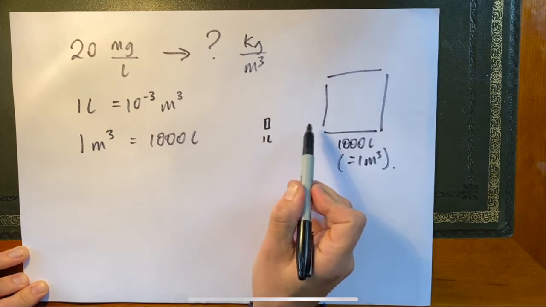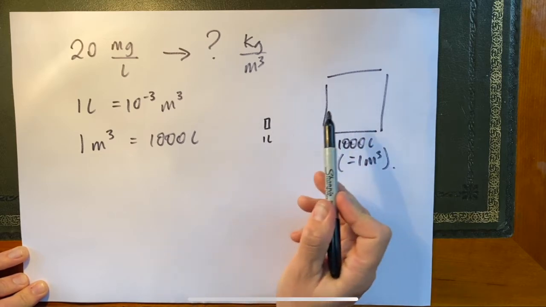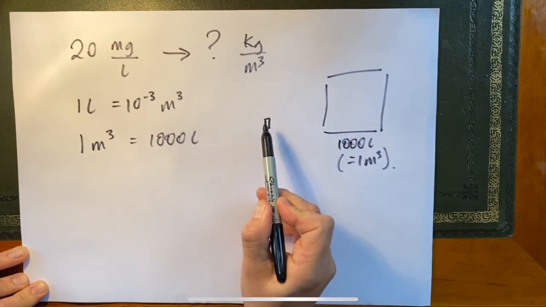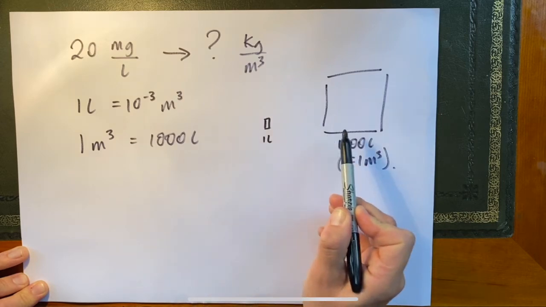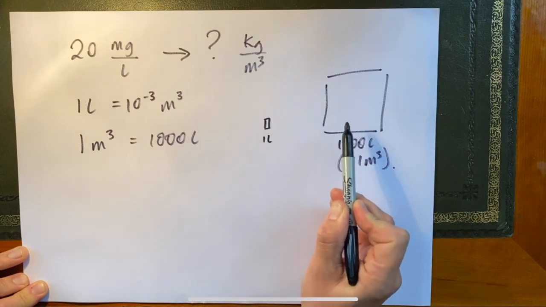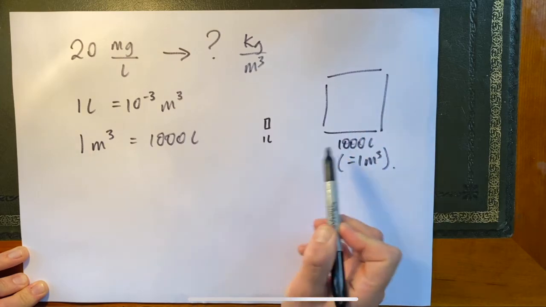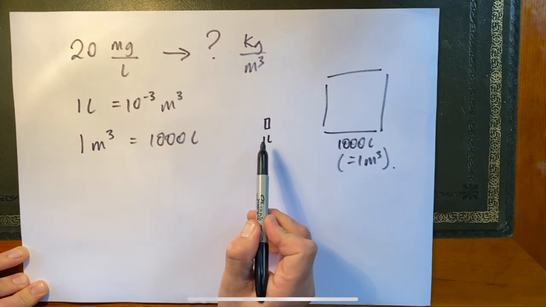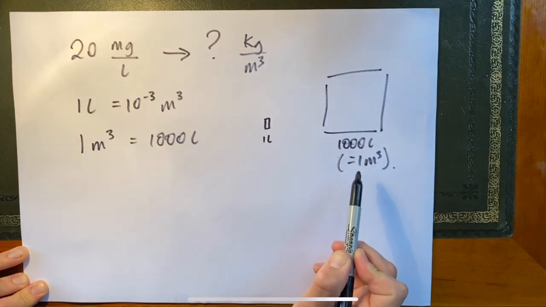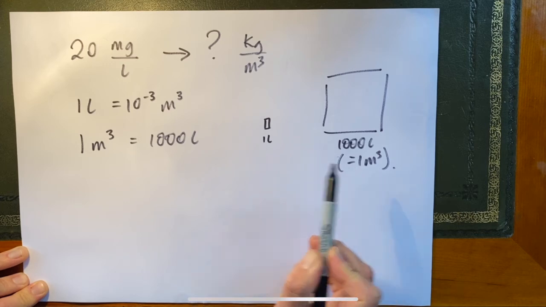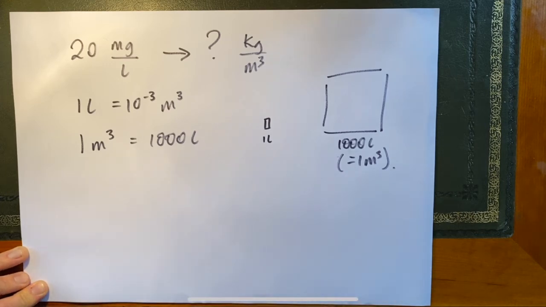Okay, so I know that's not to scale, but that's what we're doing. So if we've got 20 milligrams in this, then we're going to have 1,000 times 20 milligrams in something that's 1,000 times bigger. So 1 litre going to 1,000 litres, which is the same as 1 metre cubed. So we can do the first bit of the unit conversion just by thinking like that.